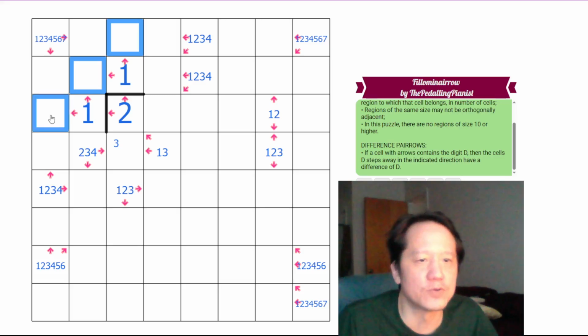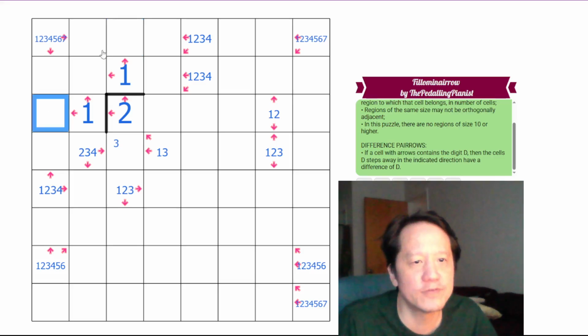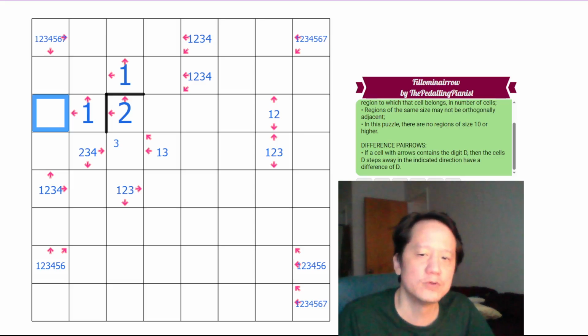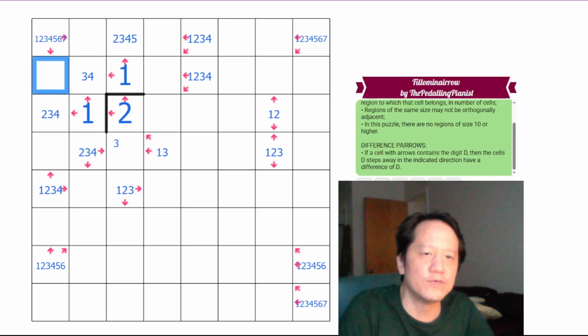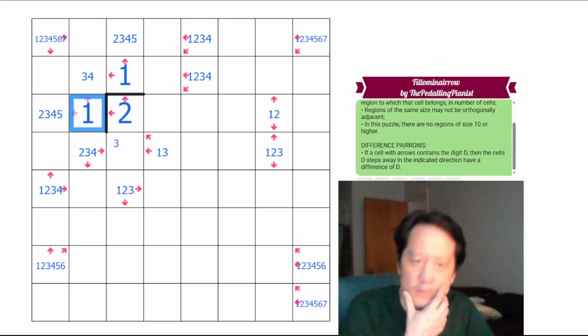How do these work? These are 2 apart from each other. They cannot be 1, so you could start with 2. So you could go 2, 3, 4, or 3, 4, 5.